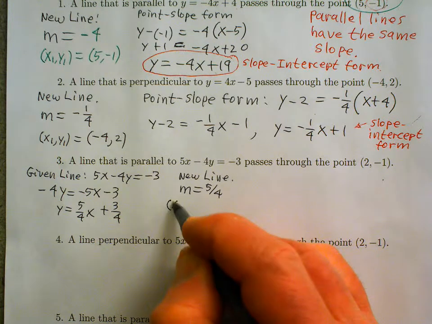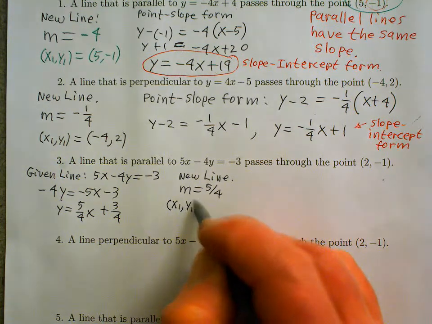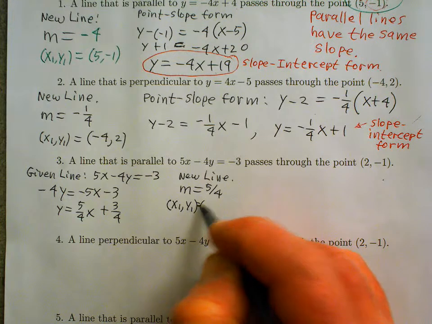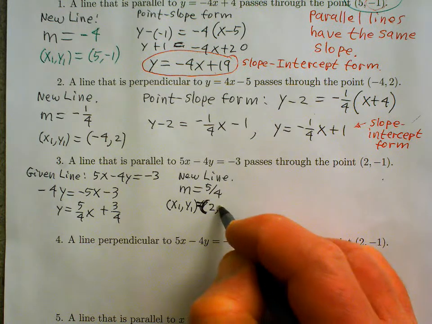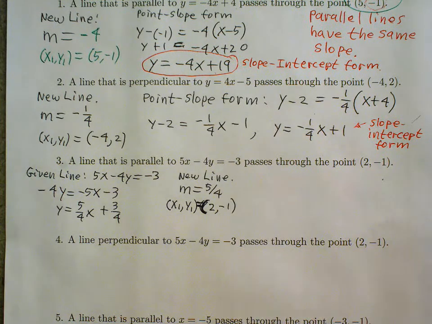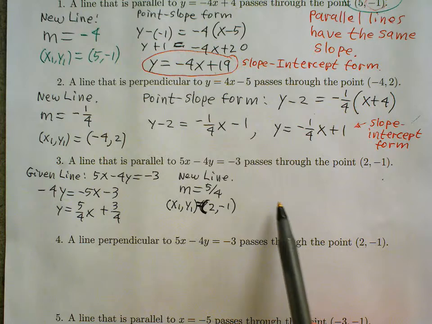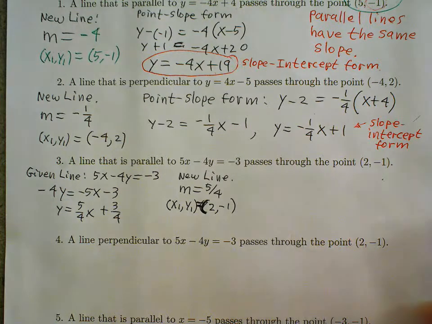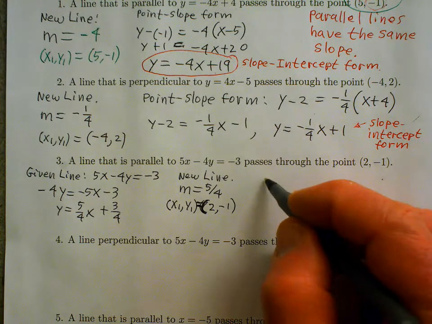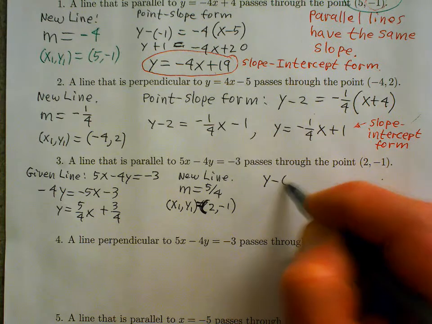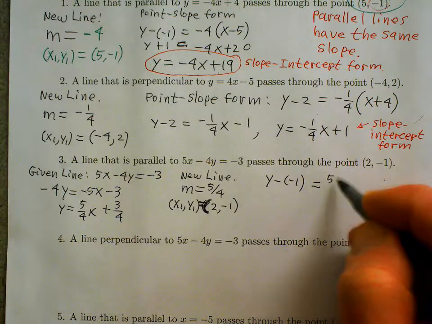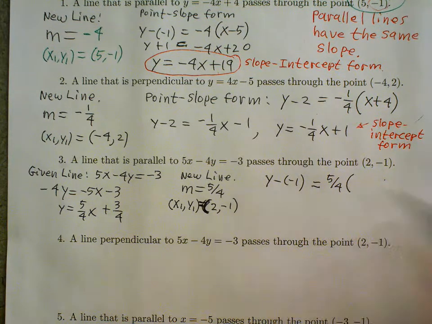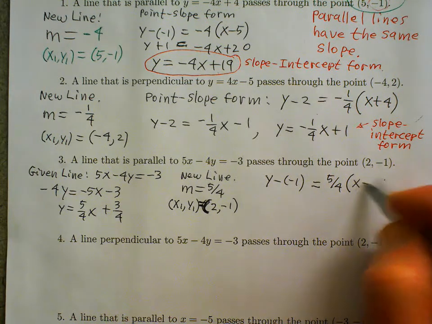And the new line passes through the point (2, -1). So our x1, y1 is the ordered pair (2, -1). So now we can write the point slope form. So y minus -1 equals the slope 5/4 times the quantity x minus 2.